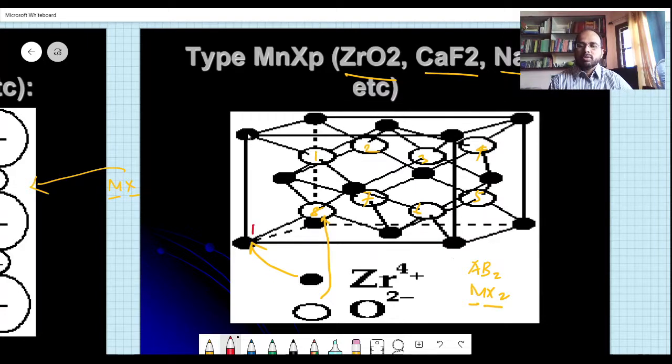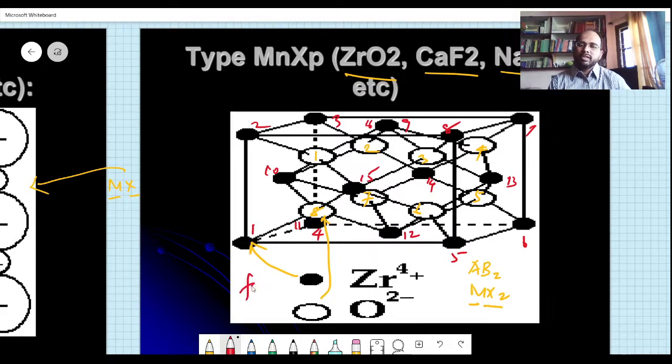Zirconium is 1, 2, 3, 4, 5, 6, 7, and where is the eighth one? The 8th one should be there, this one. Then you have 9, 10, 11, 12, 13, 14, 15, 16.